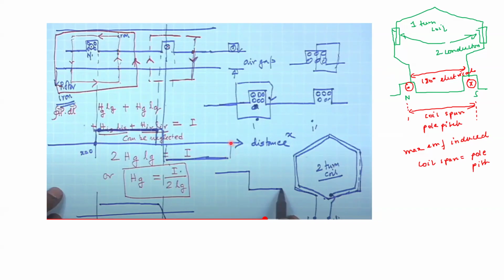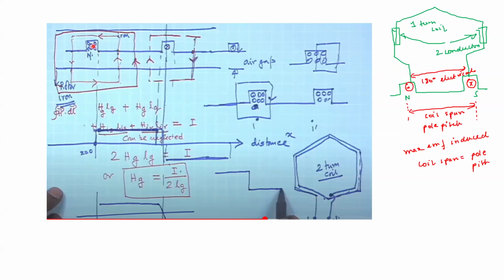As per Ampere's law, what does Ampere's law say? It says that the closed contour integration of H dot dl equals the current enclosed. So if you draw a closed contour around this coil end, you will see the amount of current which is getting enclosed.